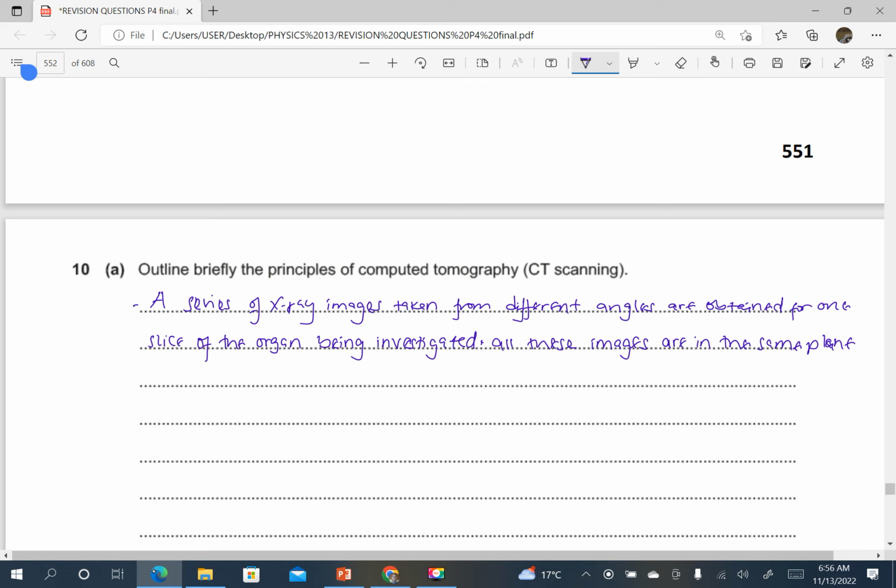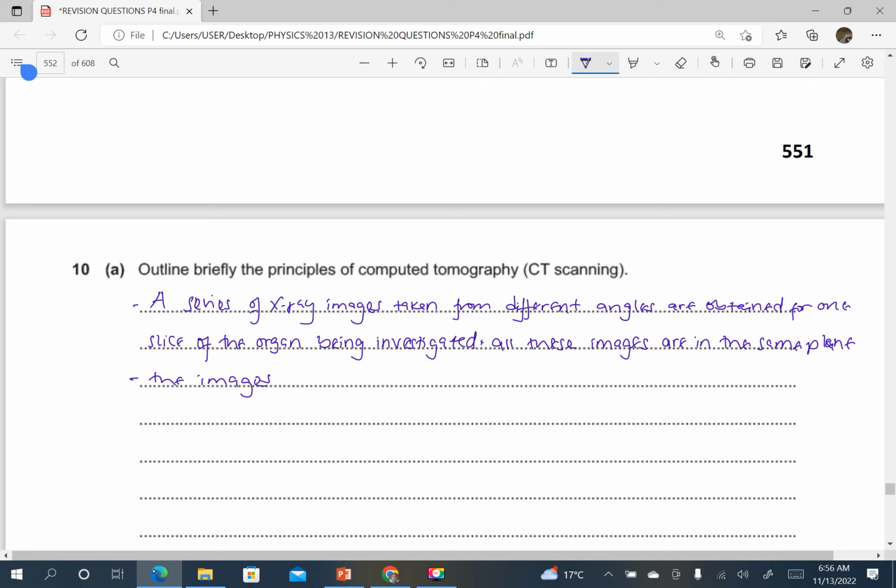So the images are combined. The images are combined by a high power computer to give a complete two-dimensional image of that particular slice.